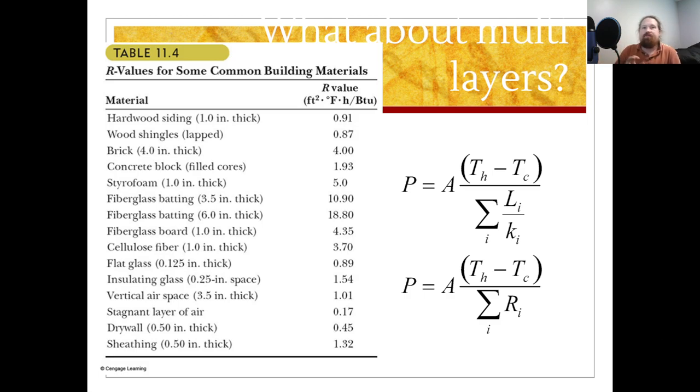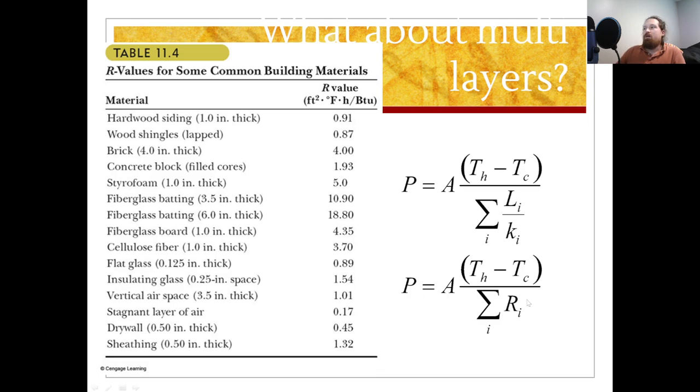This formula has changed itself in such a way that now what you would do instead of plugging in a specific K and a specific L for the dimensions of your object, now what you plug in is the sum of all the R's that form the layers of your object.